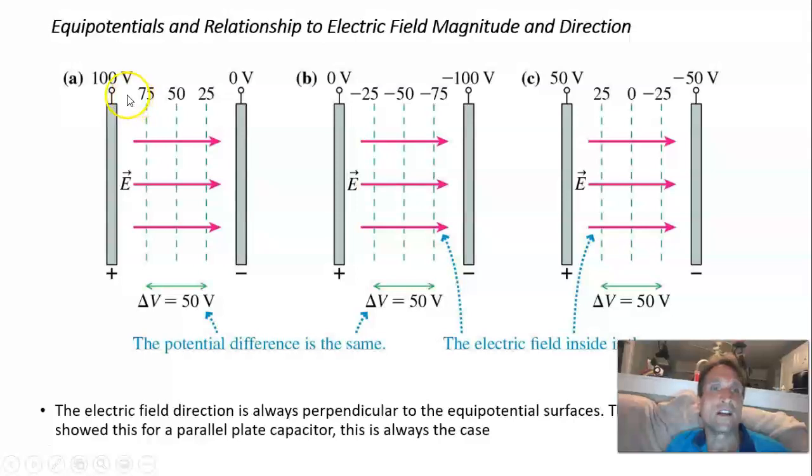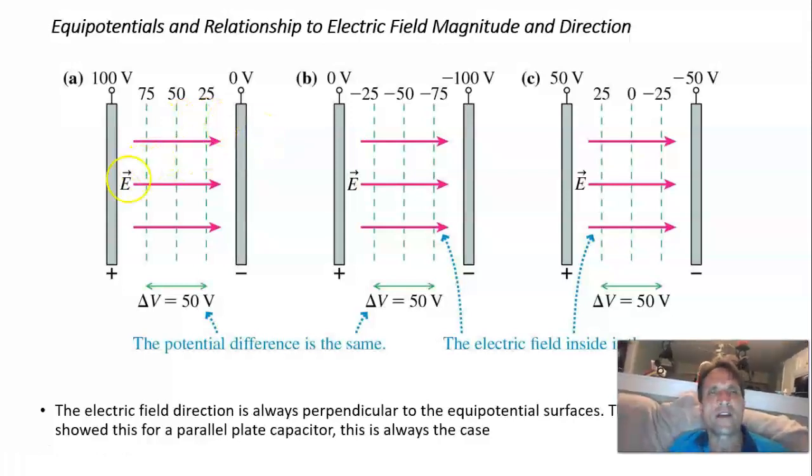I could have drawn 10 equipotential lines and have them change by 10 volts each one, going from 100 to 0. But the main point here is that the voltage decreases linearly, going positive to negative. And so these equipotentials change at a constant rate.